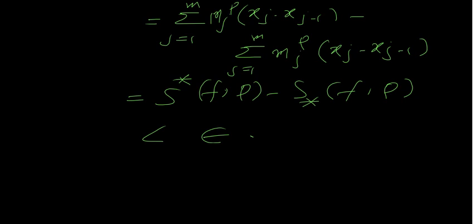Okay, this sum is less than epsilon. So thus our V is less than epsilon. Now we will show that this W is also less than epsilon.